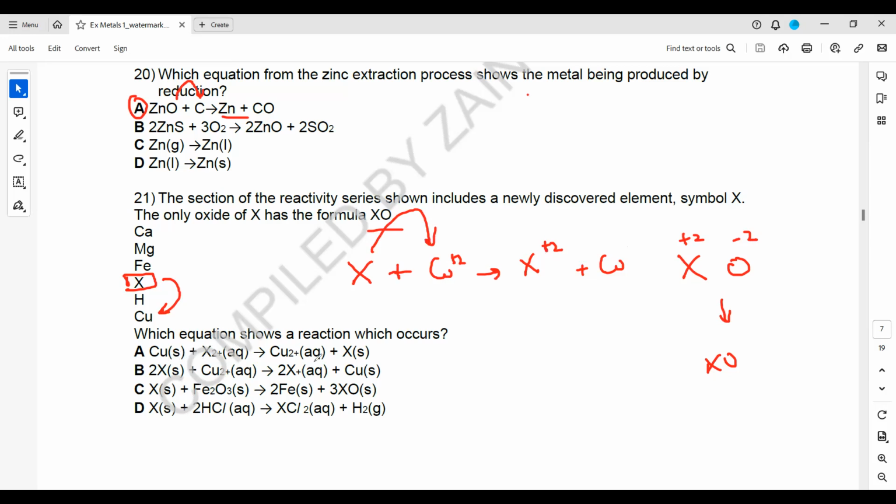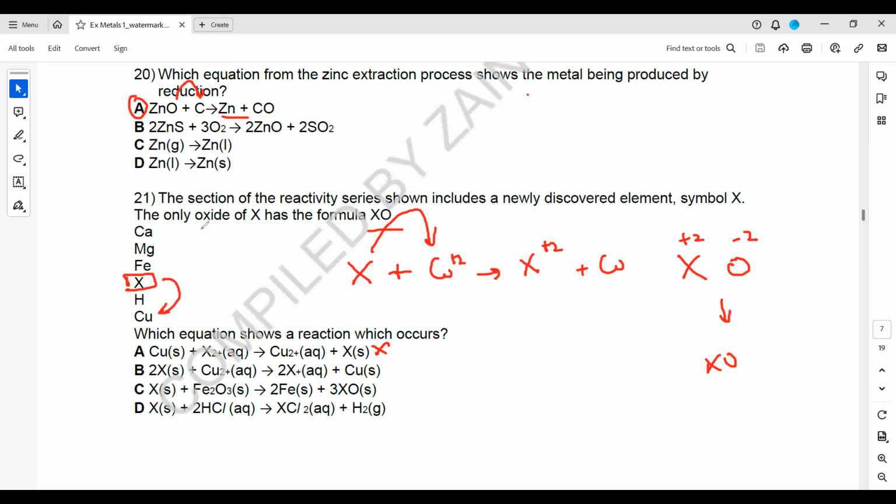So this is wrong because here copper is reacting. Here X is reacting with copper ion and producing X ion, and a copper metal is produced.